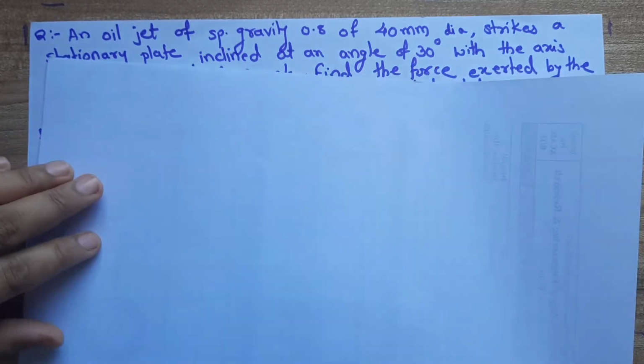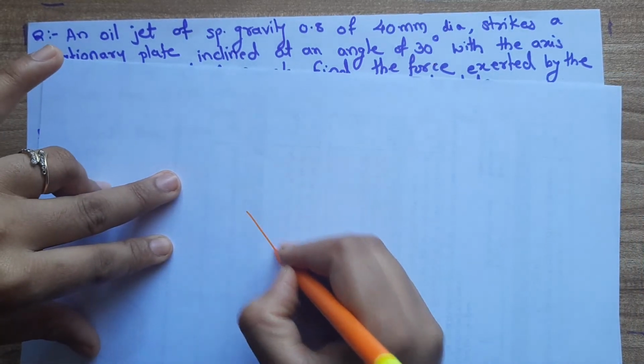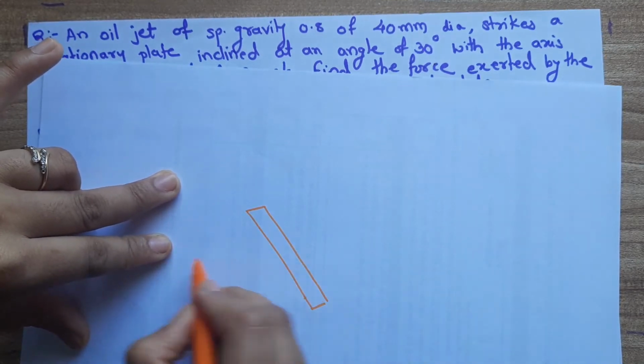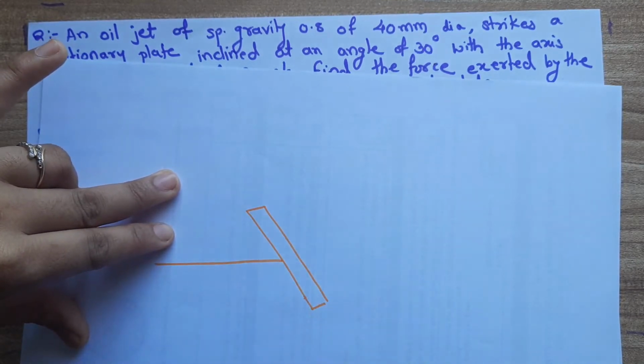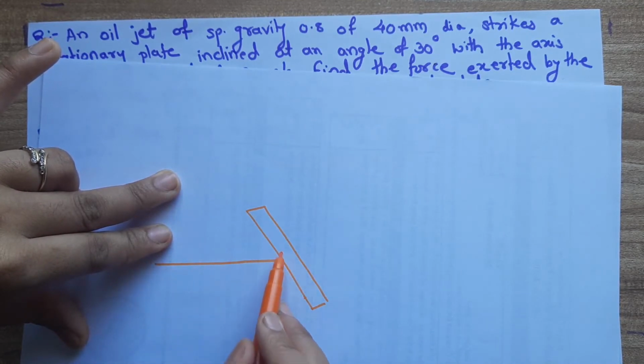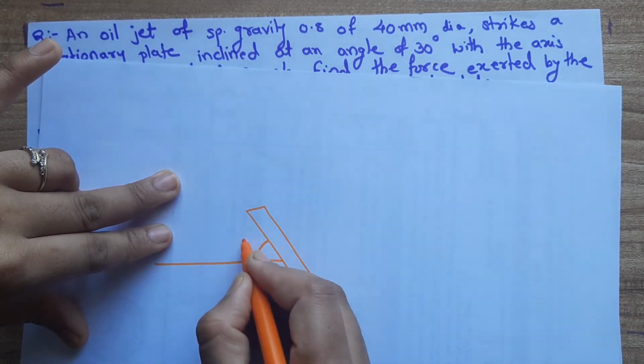Okay, let's say this is a plate, and from this direction a jet is coming. This is the axis of the jet, and the plate is making an angle of theta.